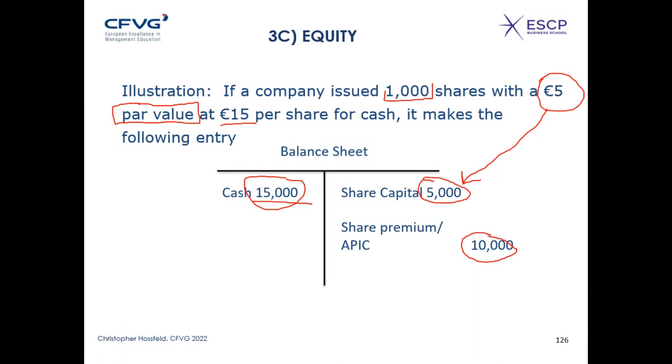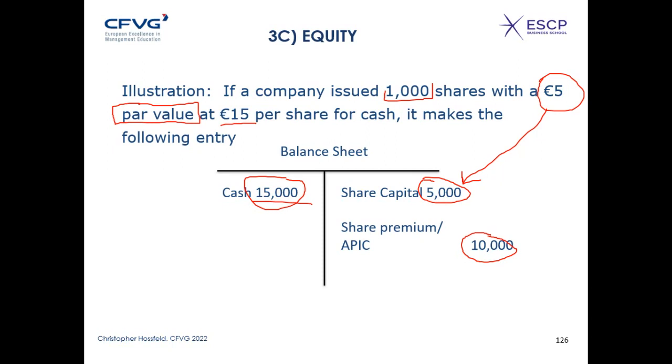Remember, old shareholders paid 5 euros for one share. New shareholders pay 15 euros for one share. They both get the same rights. The voting rights, dividend rights, and so on are the same. So new shareholders are willing to pay a premium to get into this company as a shareholder because they are convinced of all the positive things that have been done in the past, and that's why they pay this share premium.